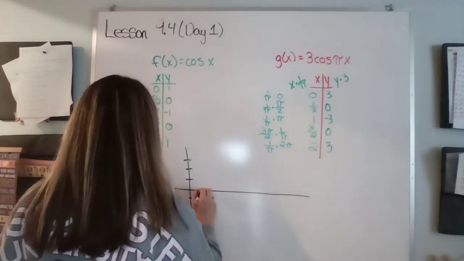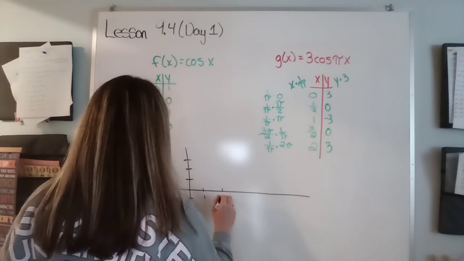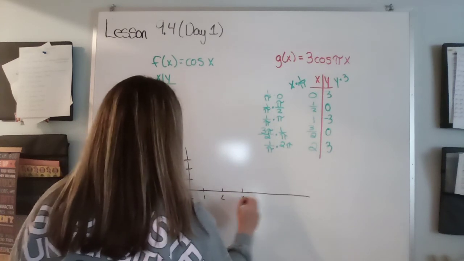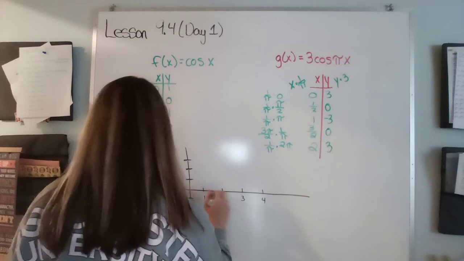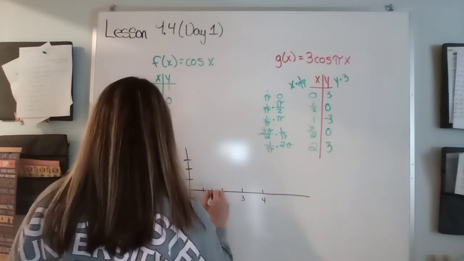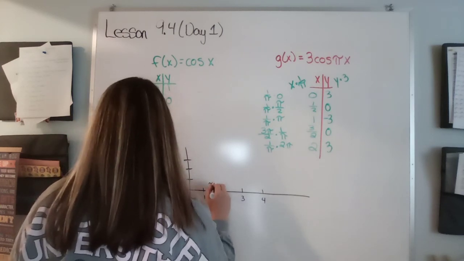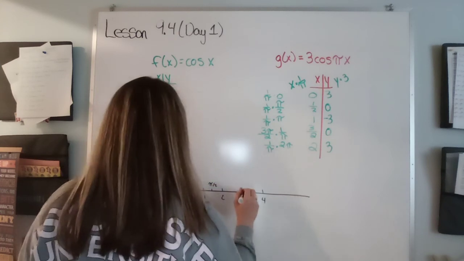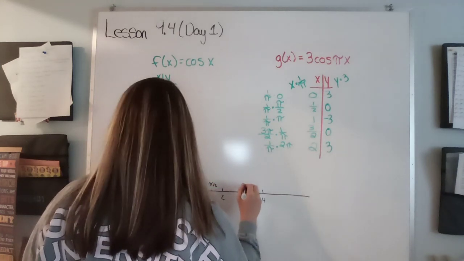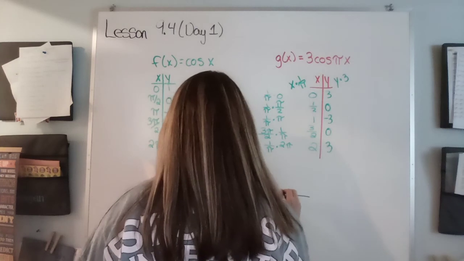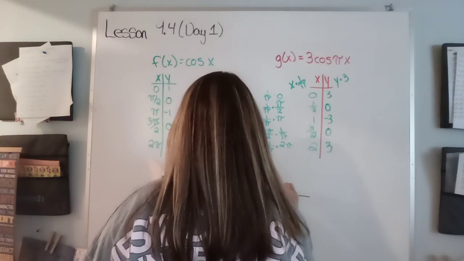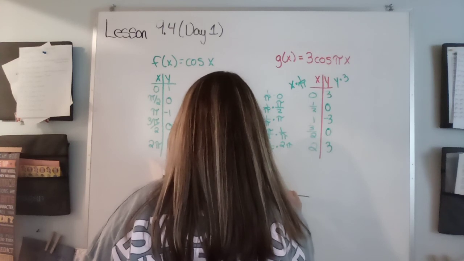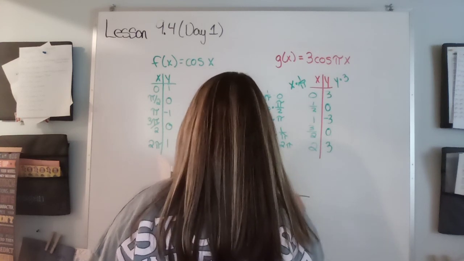So here is 1, 2, 3, 4, and then we have pi over 2, pi, 3 pi over 2, and then we have 2 pi.